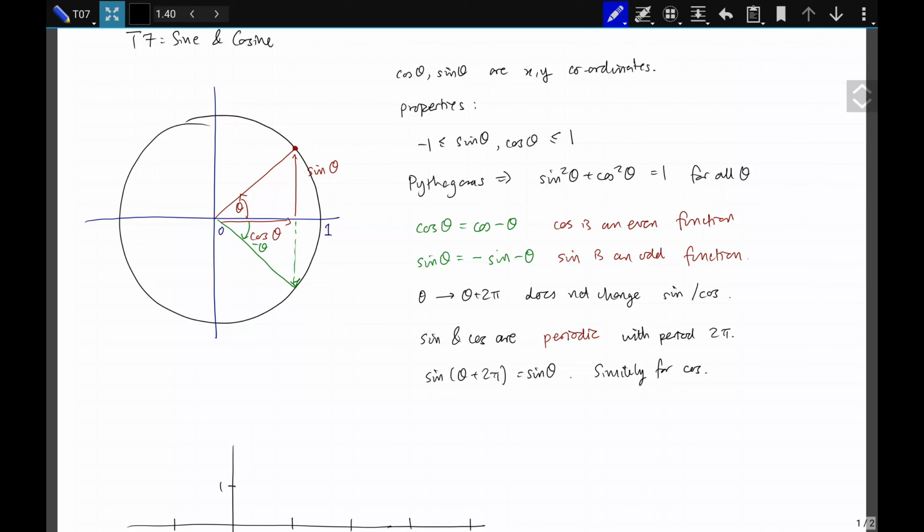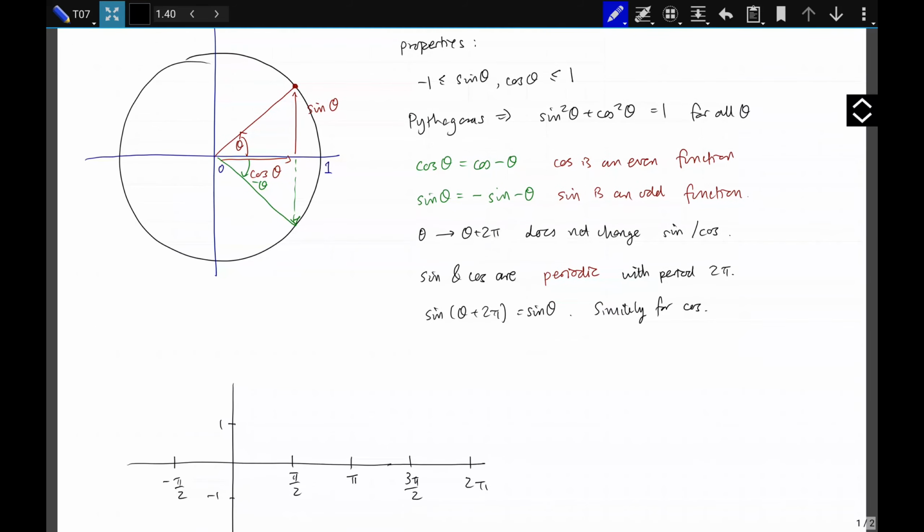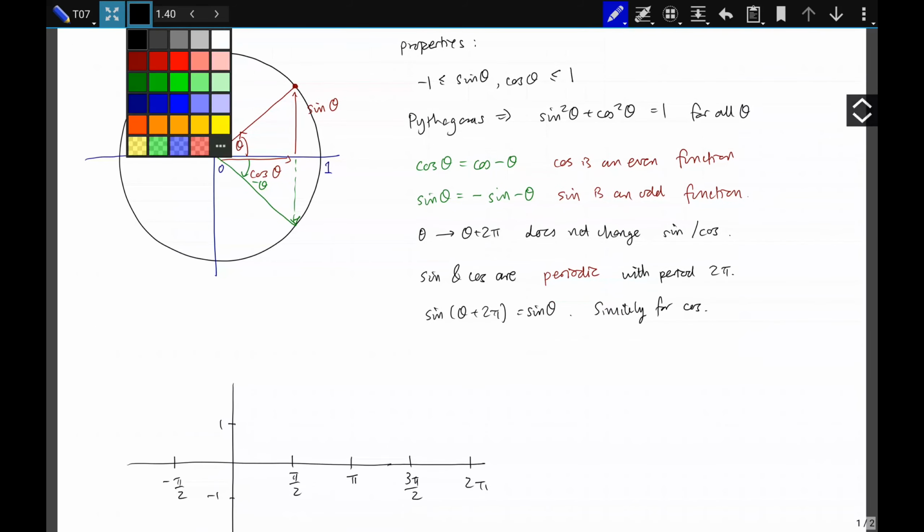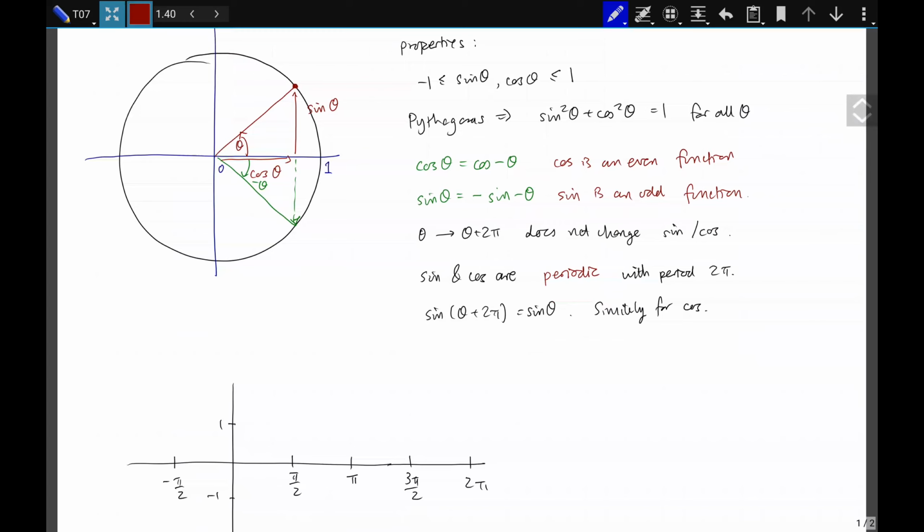Now, if you look at the circle and then you trace theta as theta changes, you can graph the values of sine and cos. Let's just do sine. So here's theta. Note that when theta is 0, that's over here. The value of the height is 0.